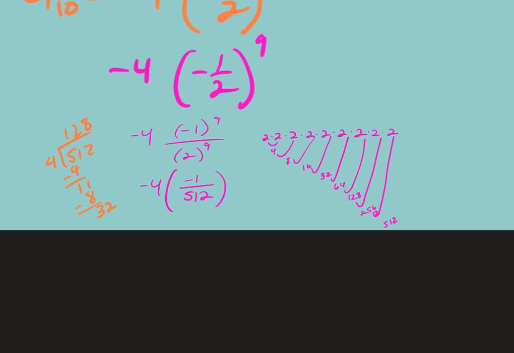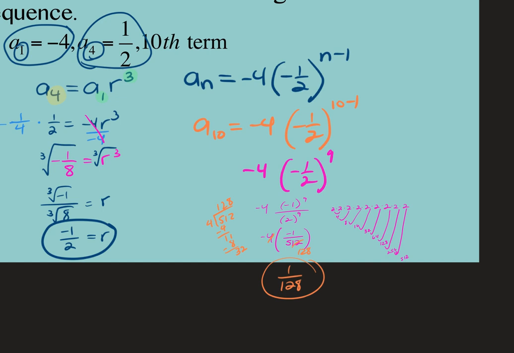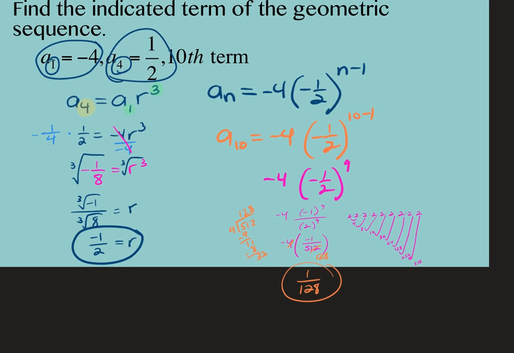Negative times negative makes this positive. 1 over 128. So if you had used a calculator and you wrote that as a decimal, it will be marked wrong. Questions so far?